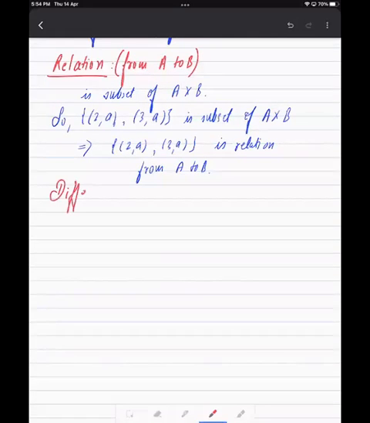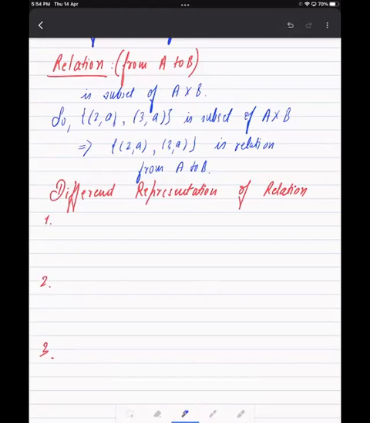Different representations of relation. Okay.